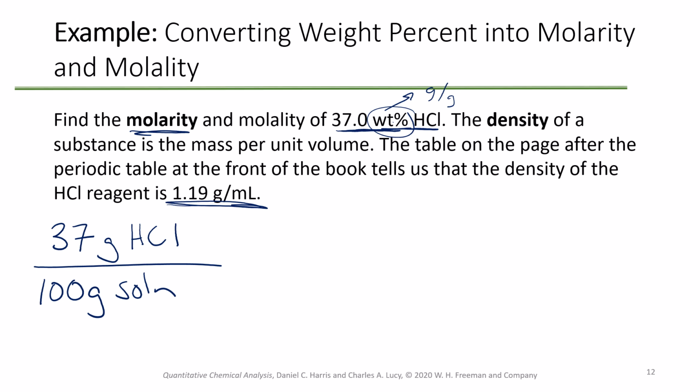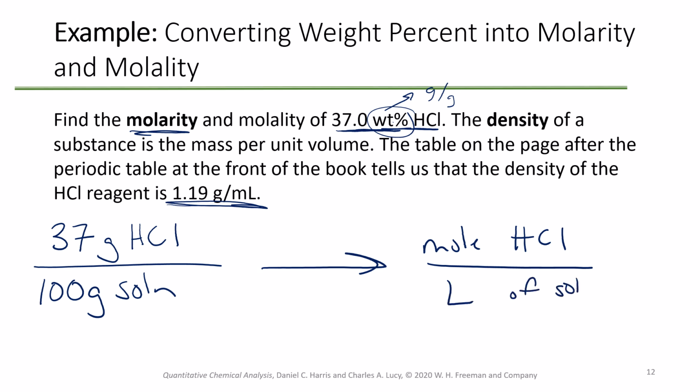And it's saying find the molarity, which is moles of HCl per liters of solution. So on the top, we're going to have to go from grams to moles using molecular weight. And then on the bottom, we're going to have to go from grams to milliliters using density, and then go from milliliters to liters.